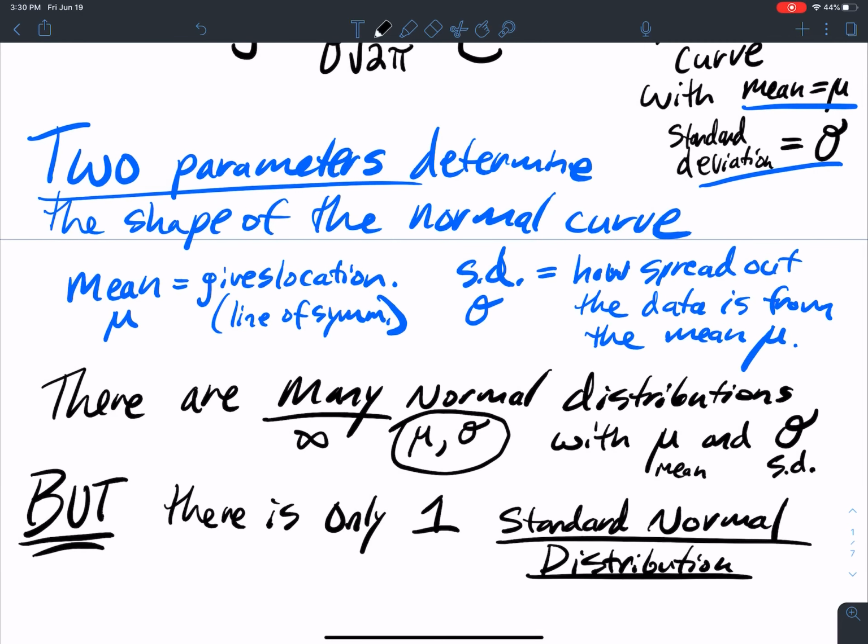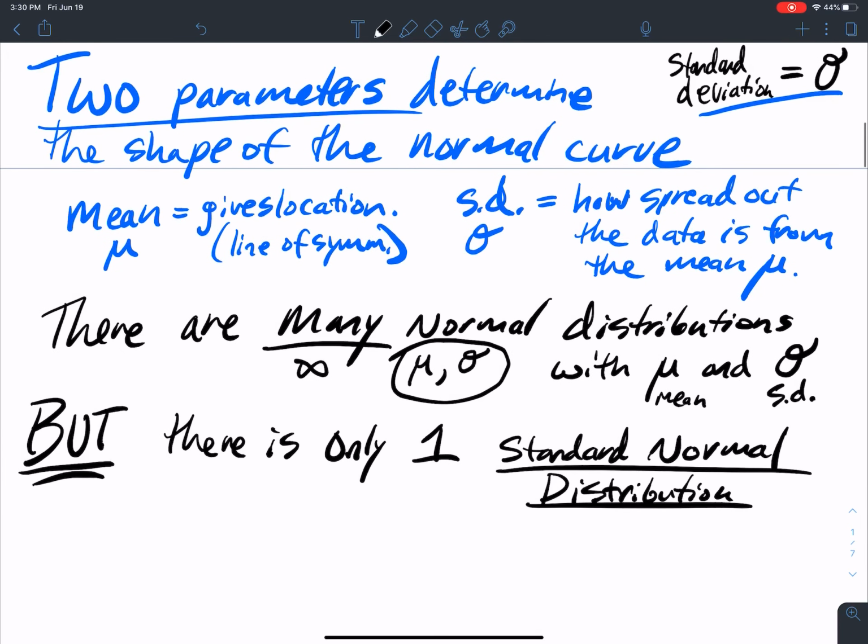There's only one standard normal distribution. And the standard normal has a mean equal to 0 and a standard deviation equal to 1. Okay? So the mean is equal to 0, and the standard deviation is equal to 1.